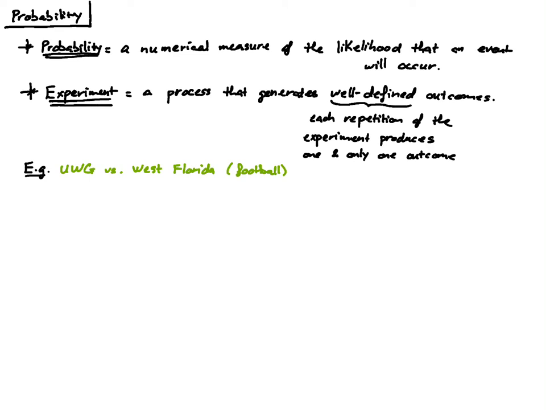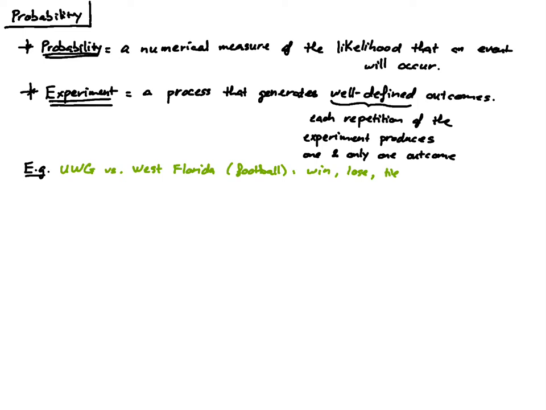Either we win, we lose, or we tie. You can't have a game where West Georgia both win and tie or both lose and tie. Okay? So a football game is an example of an experiment. Every time the game is played, there's only one outcome.